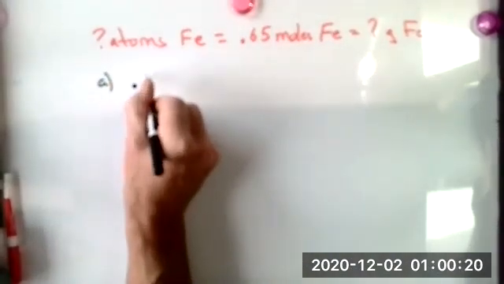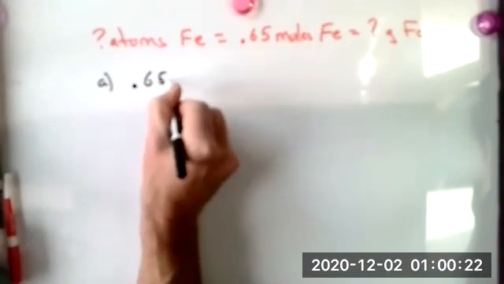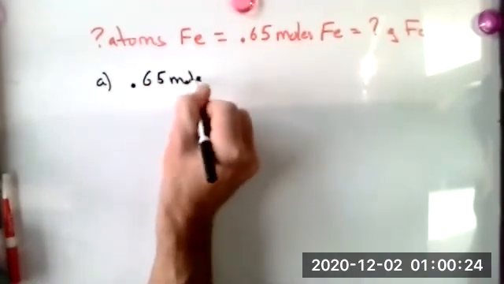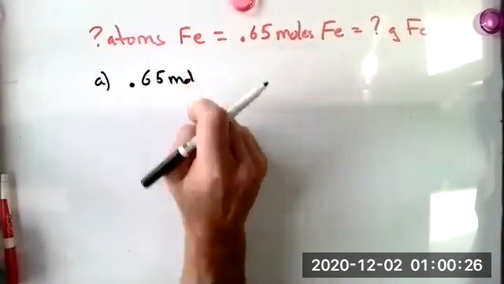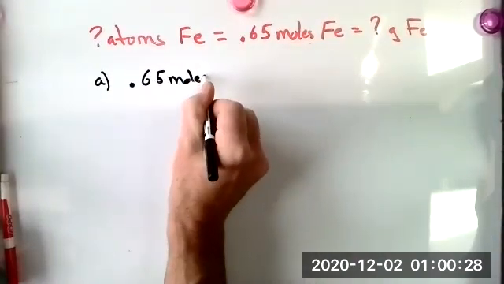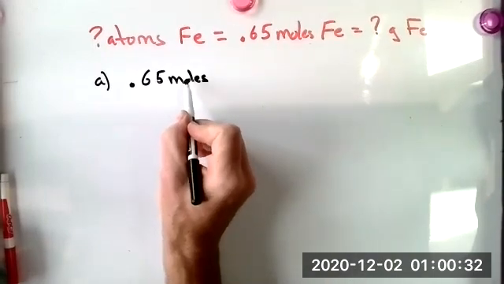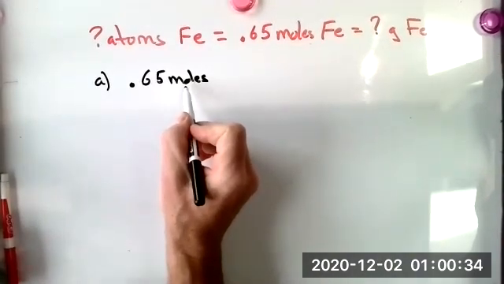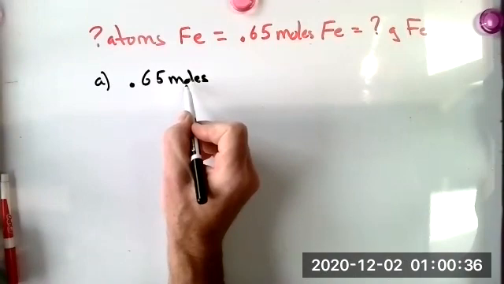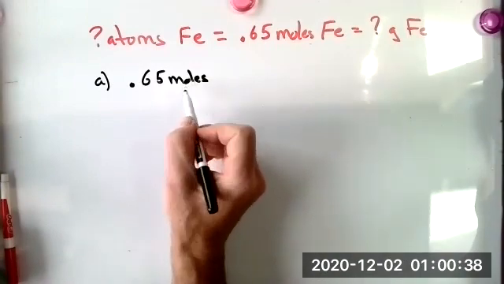Back in topic 1, I told you always take the number they give you and the unit, like millimeter, kilometer. Well, now it is moles, grams, and atoms.